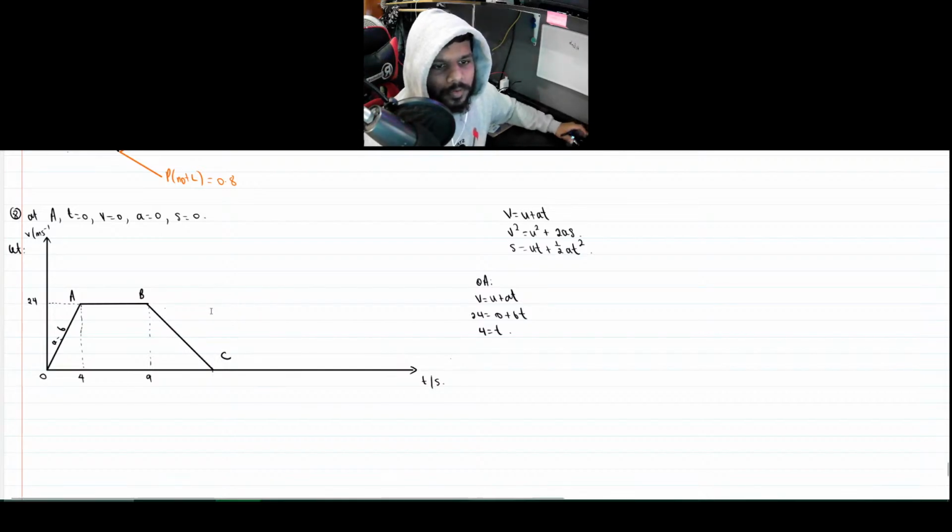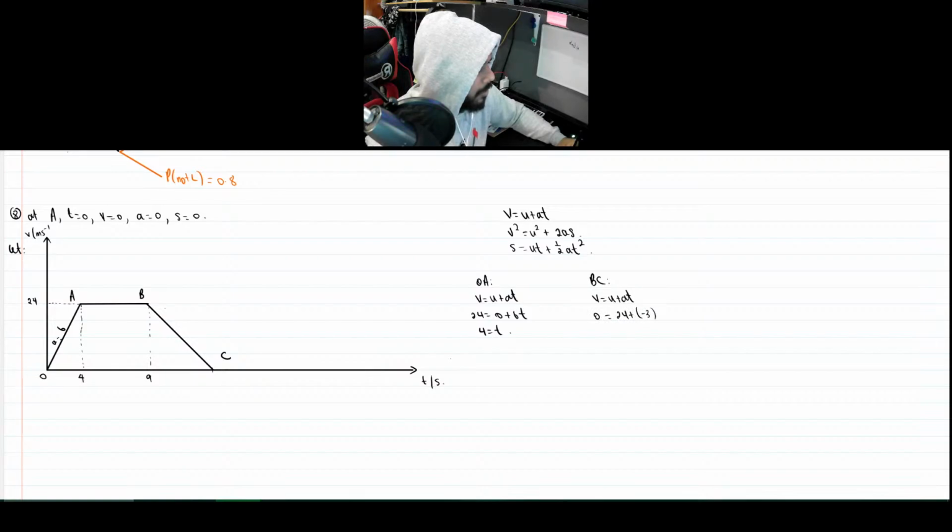So again, for BC, I need to figure out what this time is. So again, V is equal to u plus at. My final velocity is 0. My initial velocity is 24. My acceleration is -3, times t. 24 goes across.